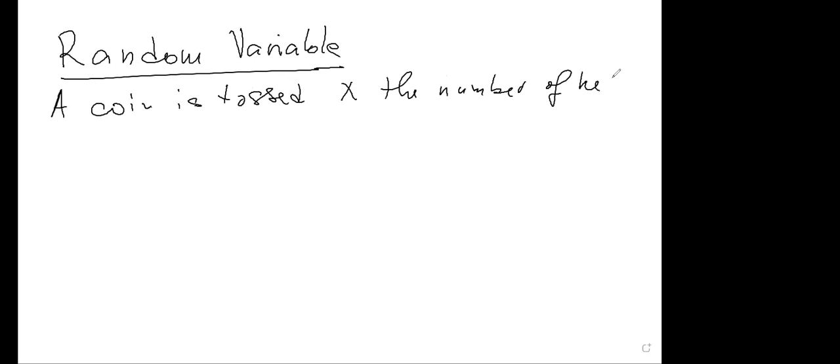So let's give some examples of random variables. A coin is tossed. X, the number of heads, is a random variable.